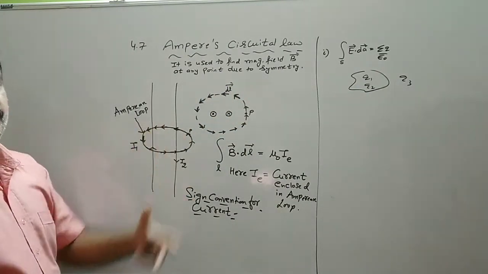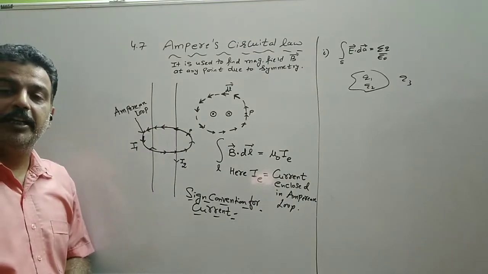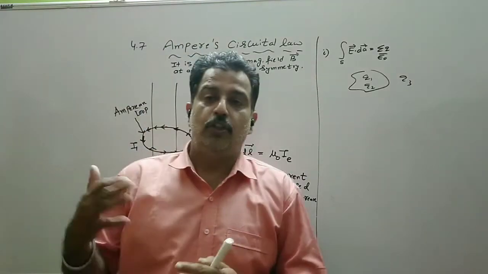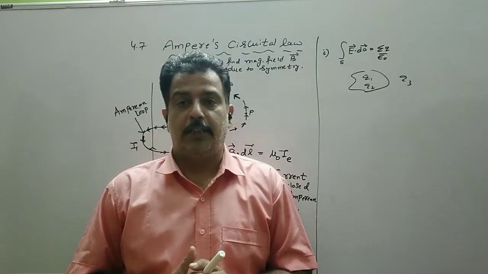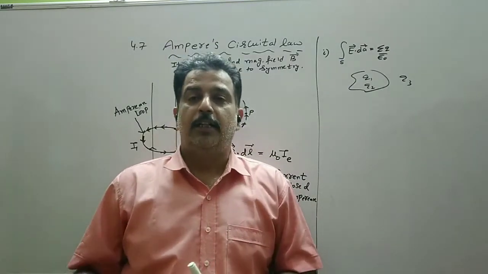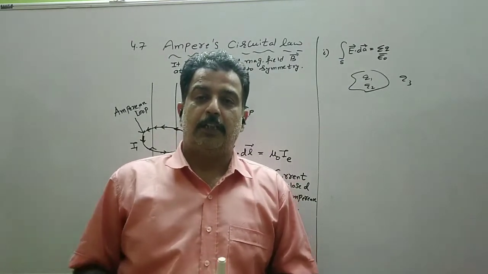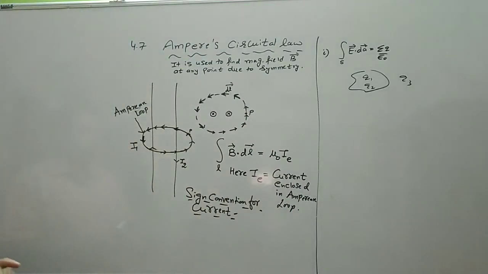So the direction of the thumb will give the direction of the current. So whatever is the direction of the thumb, that current should be taken as positive. So we have to take the help of the right hand thumb rule, and the direction of the thumb will give you the direction of the current.